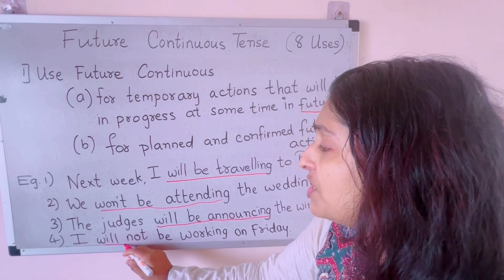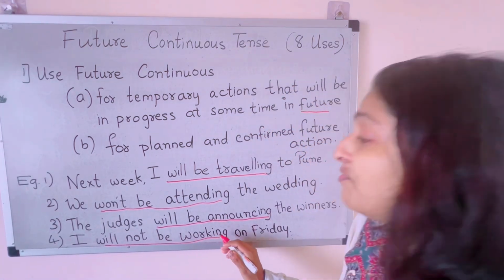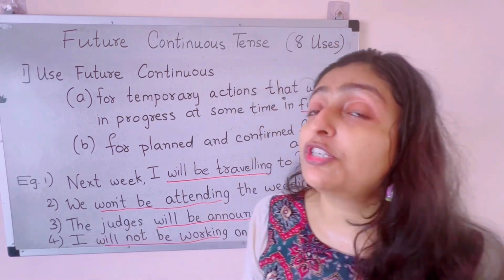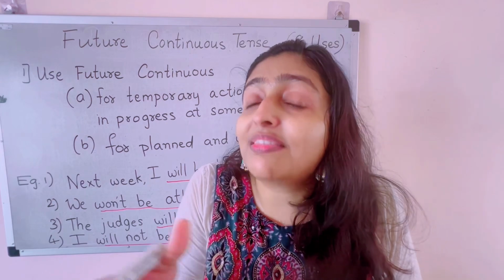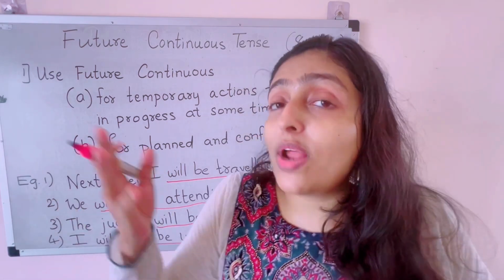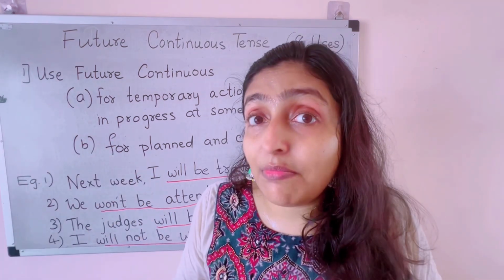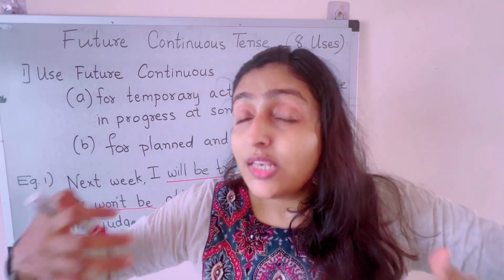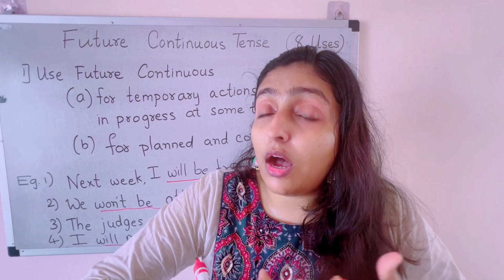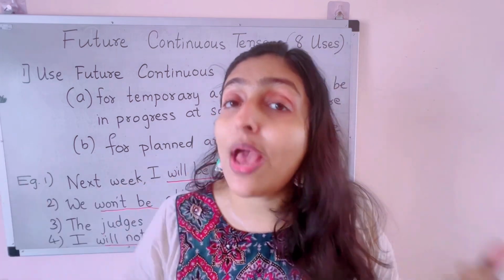I will not be working on Friday. So work is not a thing which can be done in 1 second or 5 minutes or 10 minutes. It involves a process of 7 to 8 hours. Sometimes it can stretch up to 10 to 12 hours also.